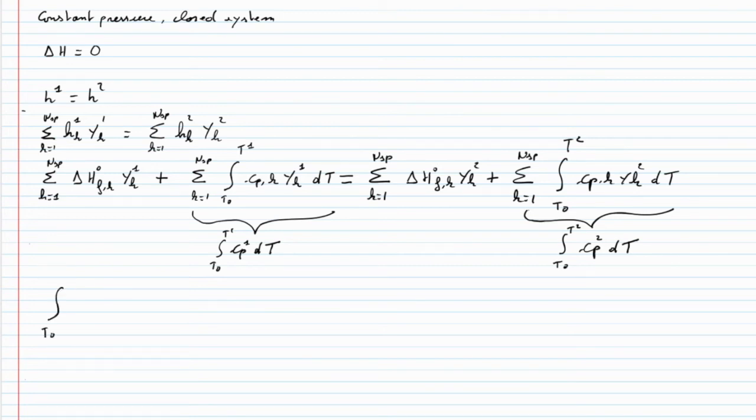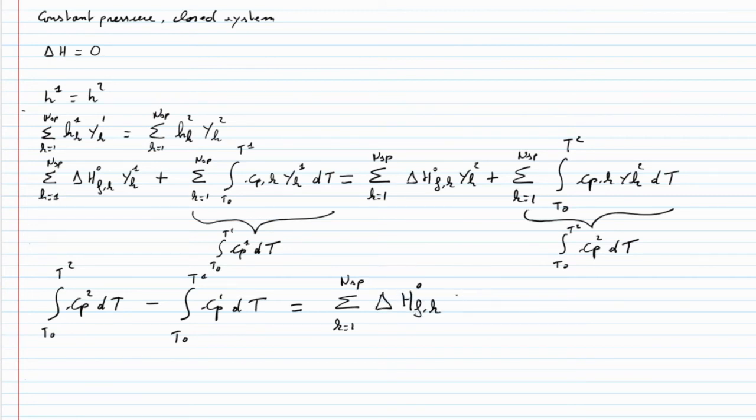We rearrange this equation a bit. We move to the left-hand side the difference of integral of cp dT between burned and fresh gases, and we move to the right-hand side the difference of enthalpy of formation between fresh and burned gases.